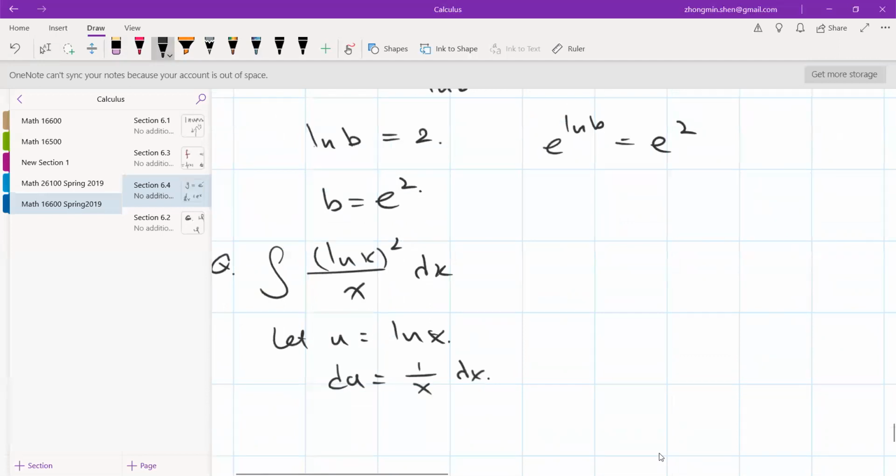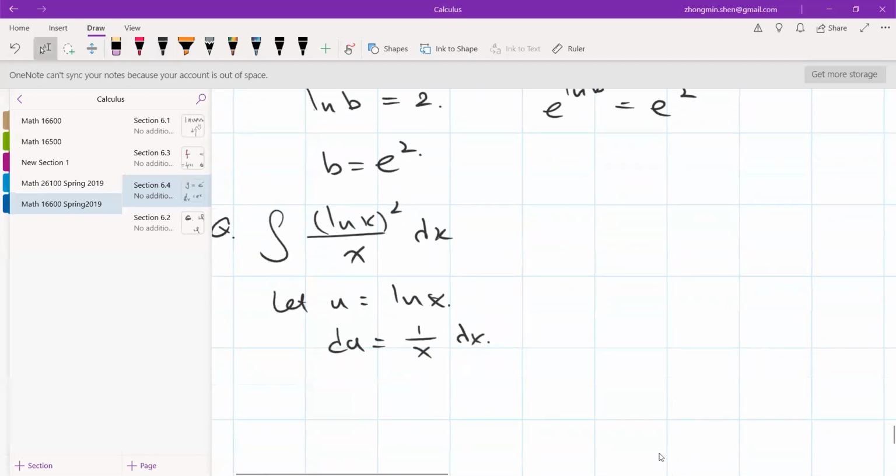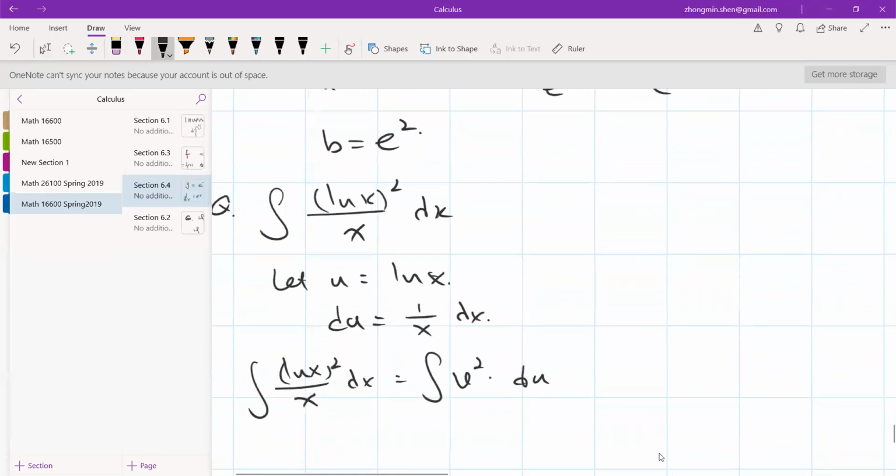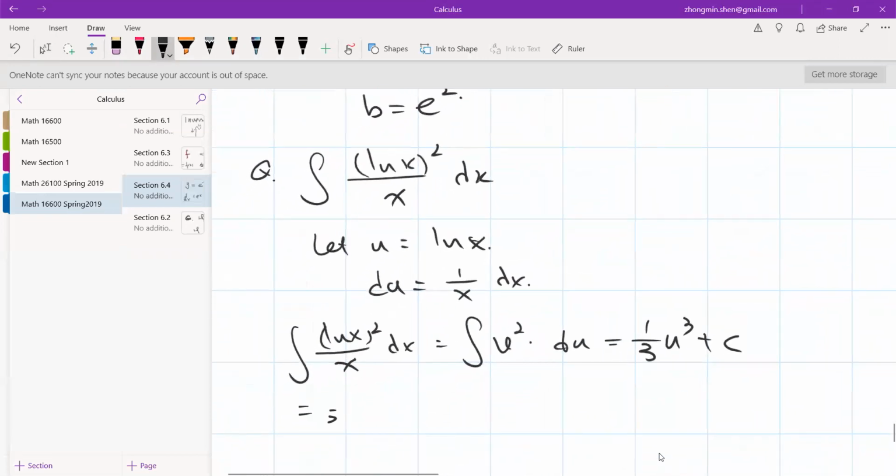So the integral becomes u squared du. You will get 1/3 u cubed plus c, and then u is just natural log of x.